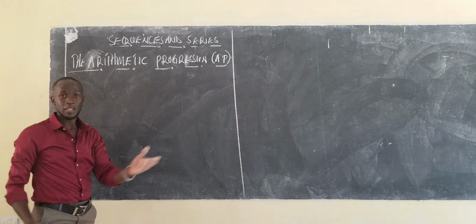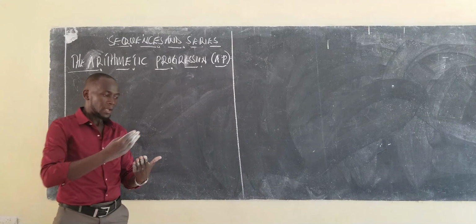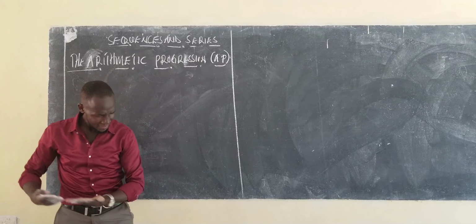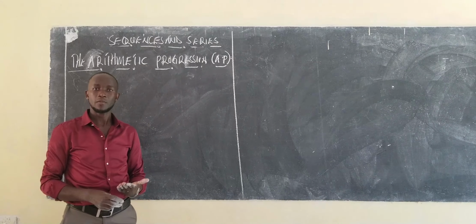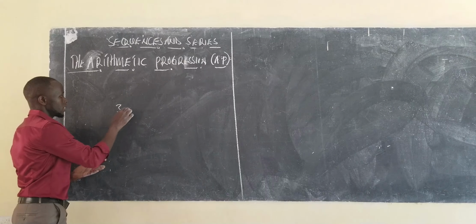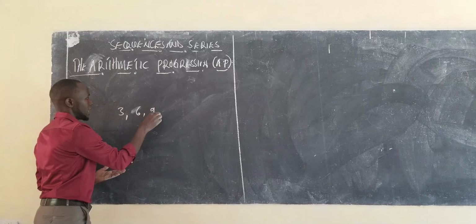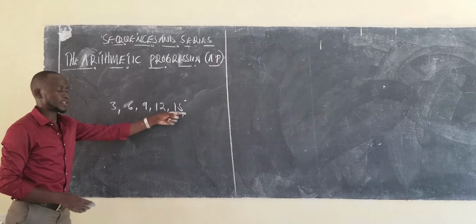An arithmetic progression is a form of series where the next value or the next figure is obtained by adding a constant quantity on the previous figure. If maybe we had 3, 6, 9, 12, 15, when you look at this, it is a sequence.